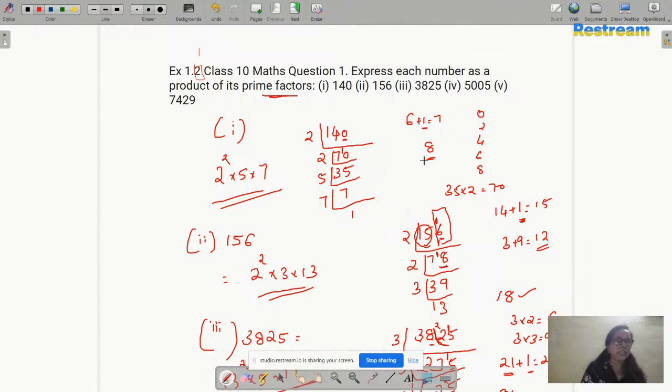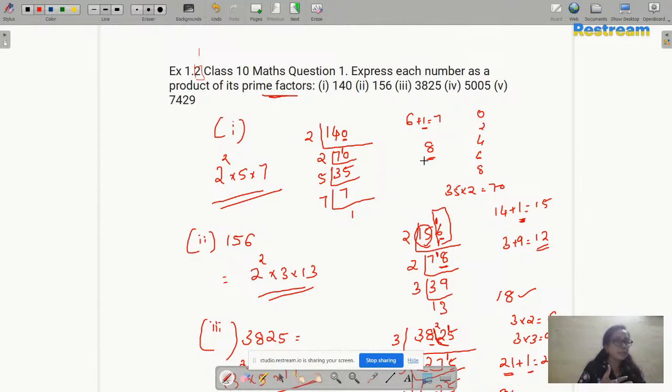Check it. A divisibility test we can do up to 3. All of you know that for 3, I have shown how to do the divisibility test. Add all the digits, and if the answer is in the table of 3, check whether it is divisible by 3 or not.